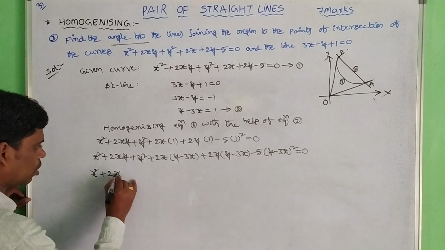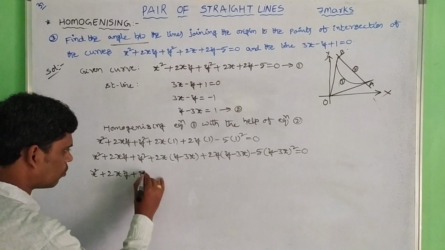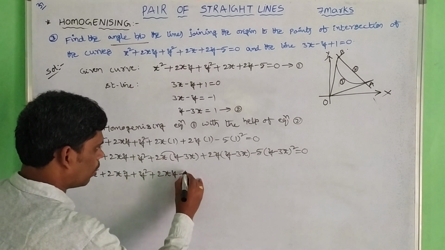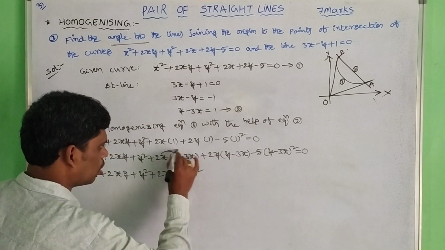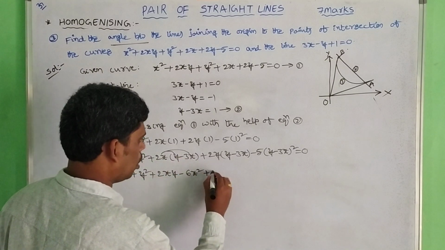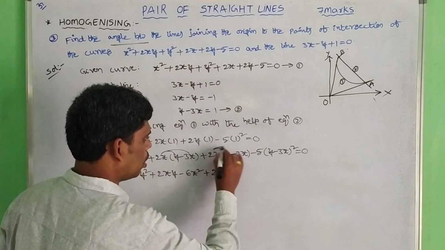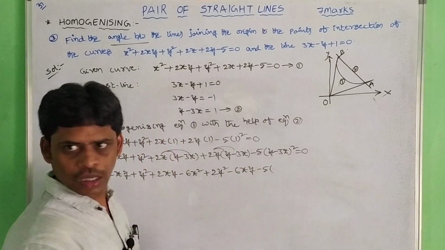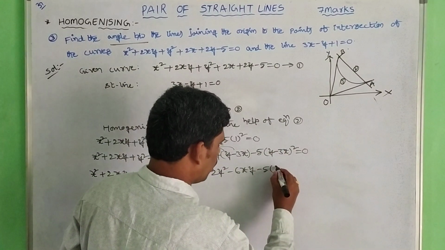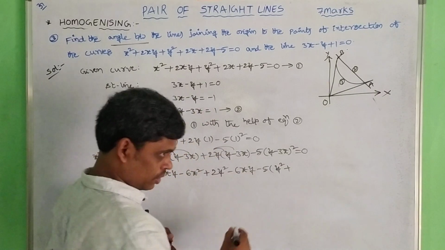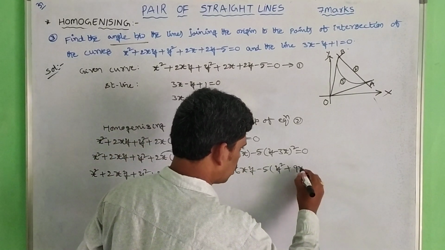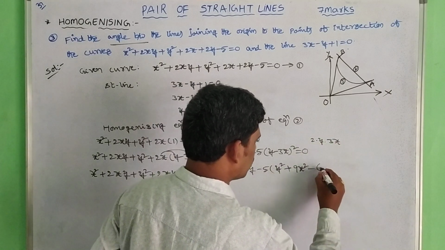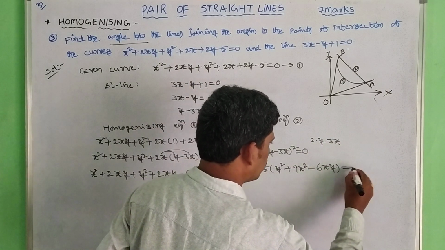x square plus 2xy plus y square, plus multiplying these two terms: 2xy minus 6x square, and 2y square minus 6xy, minus 5 into (a minus b) whole square: a square is y square plus b square 9x square minus 2ab, 2 into y into 3x, that is 6xy, equals 0.